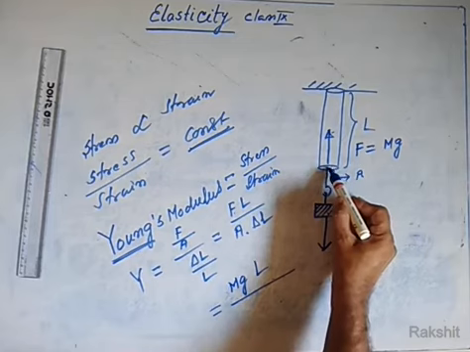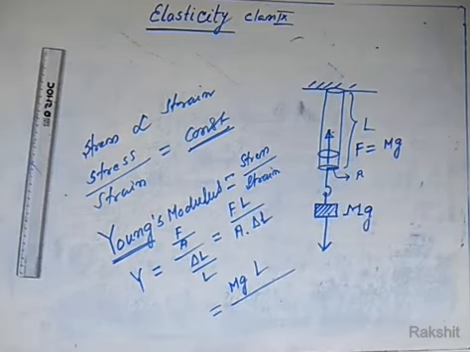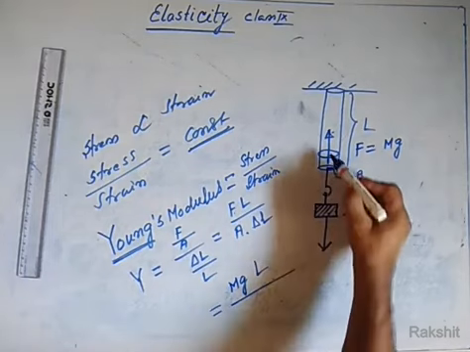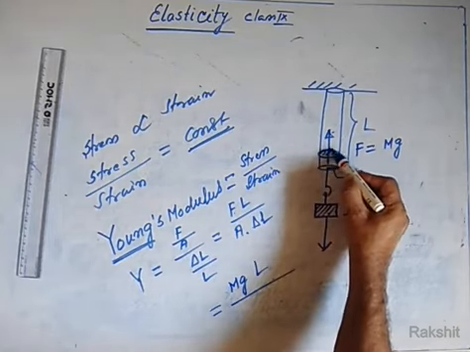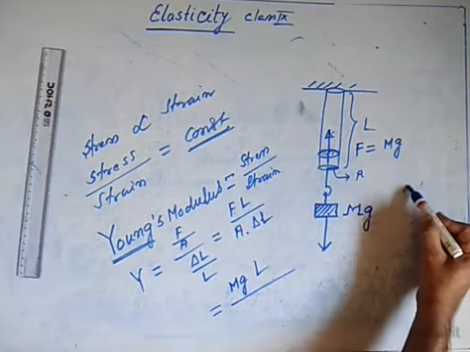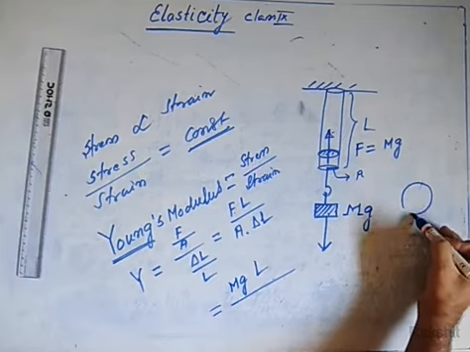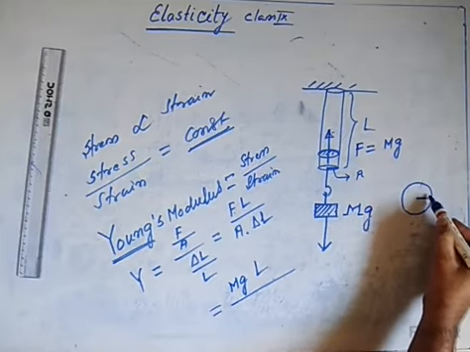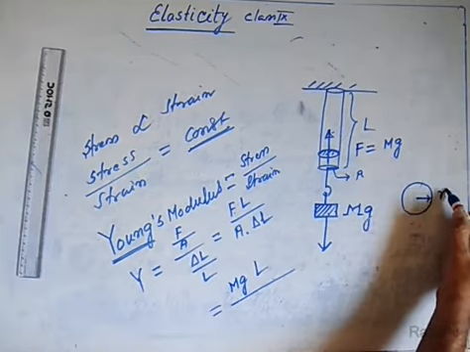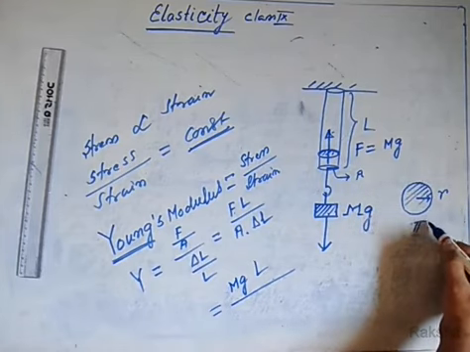Now, suppose this is perfectly circular, a circle. If the radius of the circle is R, then the area of cross section is equal to pi r square.